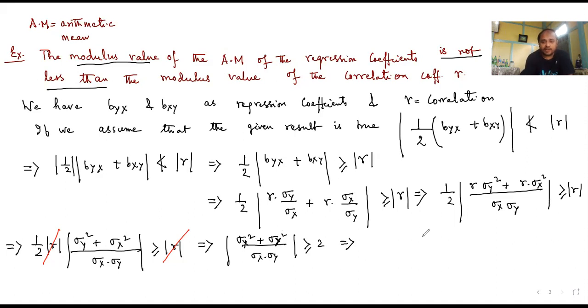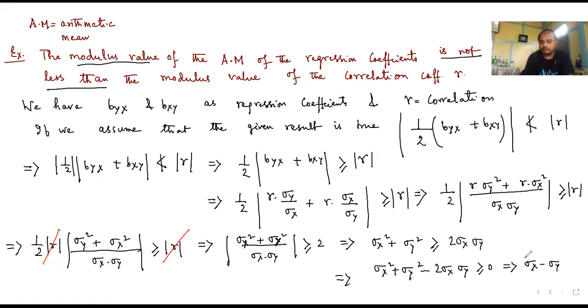So you can remove the absolute symbol from the left hand side and just write it like this. Now, if you subtract 2 sigma x sigma y from both sides, you will find a perfect square, which is always true.